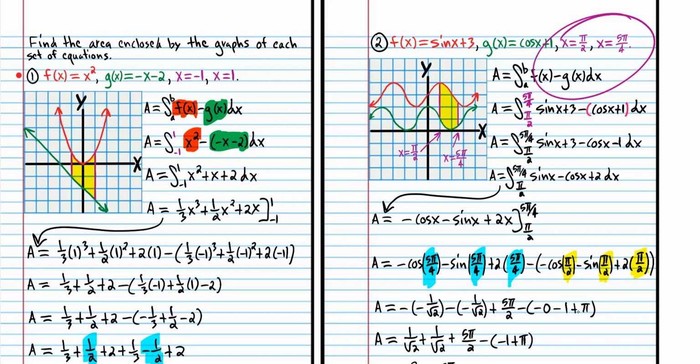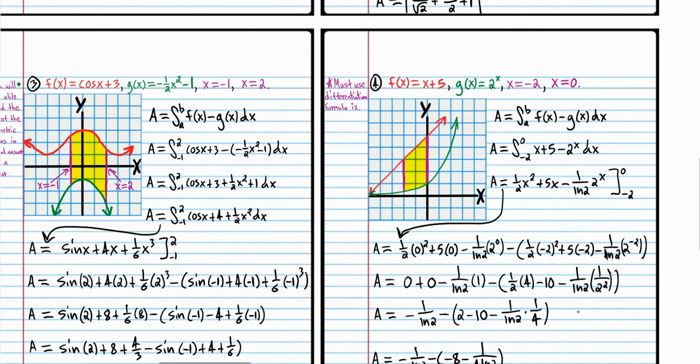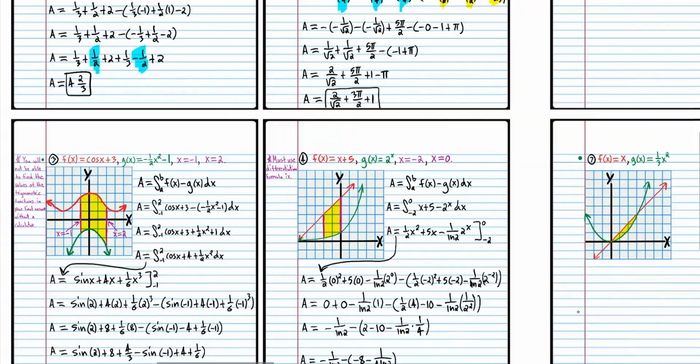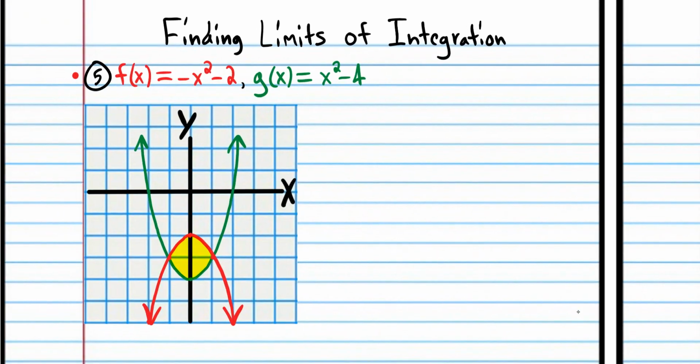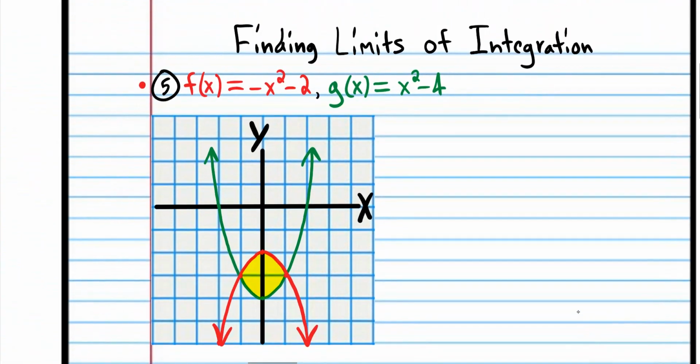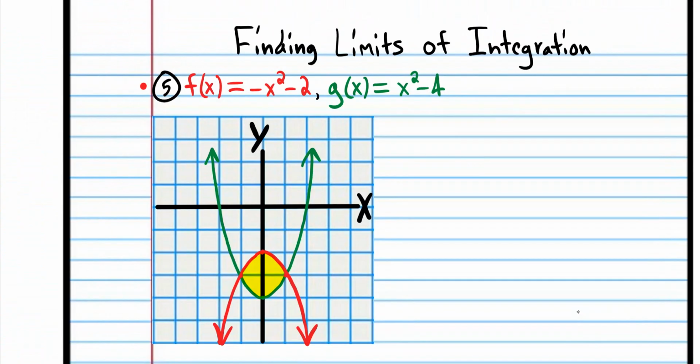But in the next problem we don't have that. We're still supposed to find the area that is bounded by the graphs of these functions, and so we need to know where to start our integration. What is A and B, the limits of integration?